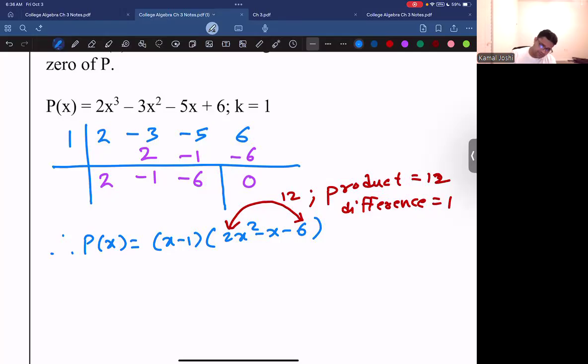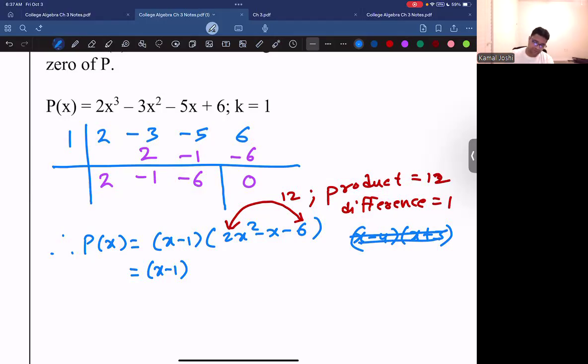And I'm sure you have figured out 4 and 3, right? 4 times 3 is 12, and 4 minus 3 is 1. But that doesn't mean your factors are x minus 4 and x plus 3. That will be incorrect, because your main coefficient is 2 here. You cannot directly write the factors like that if your coefficient is not 1.